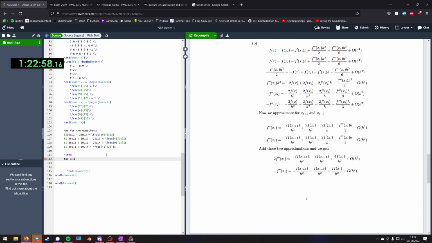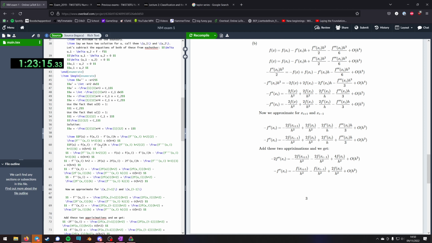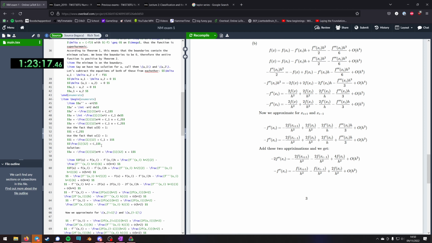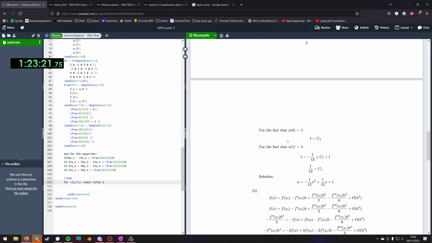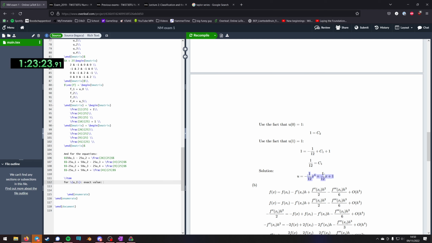So for u1, the exact value is 1/5 put into this function.